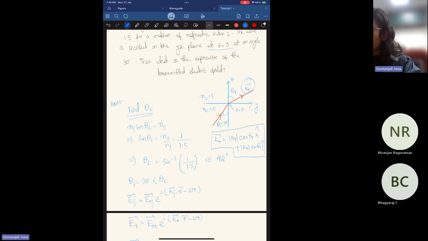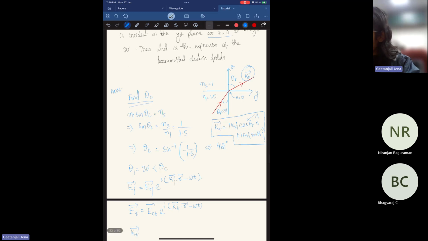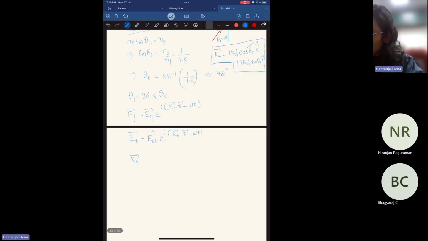So you need to find out the k_T magnitude and theta r. Theta r and k_T, you can both find out from Snell's law. So k_T cos theta r K cap plus k_T sin theta r J cap.